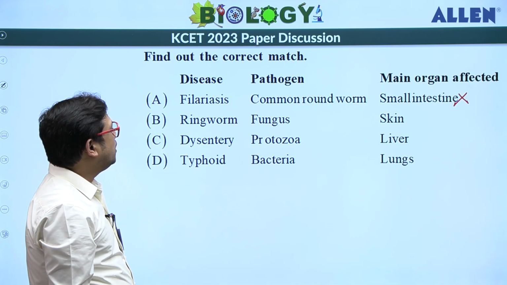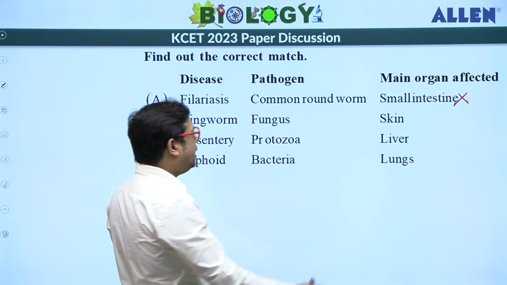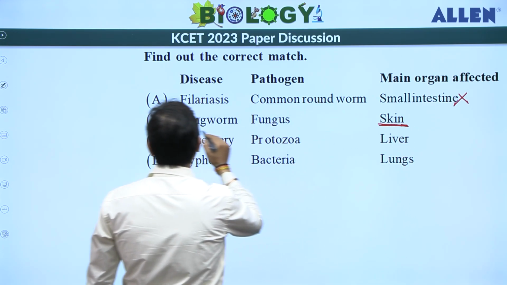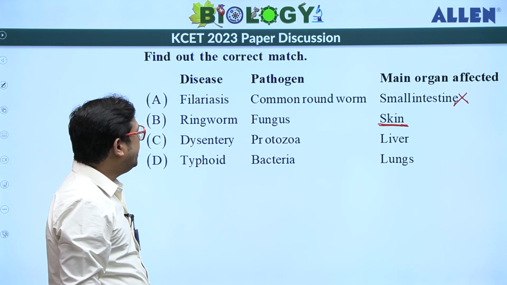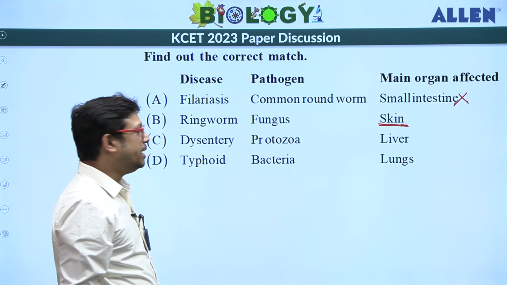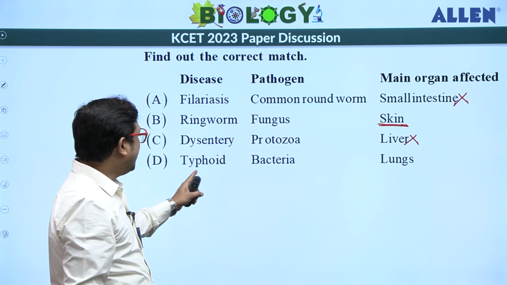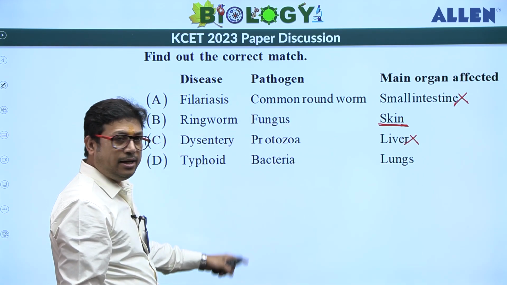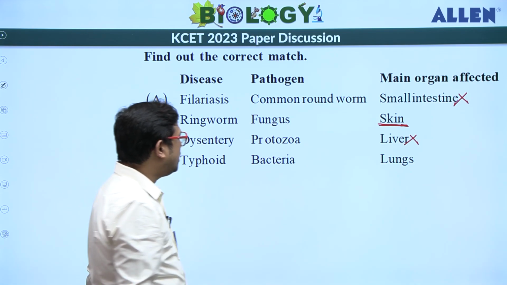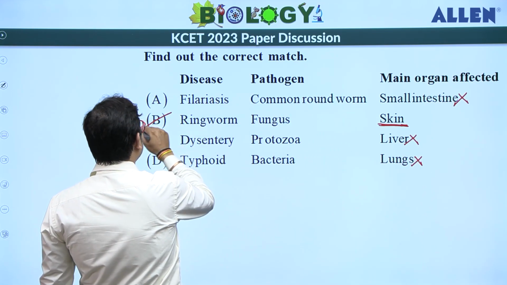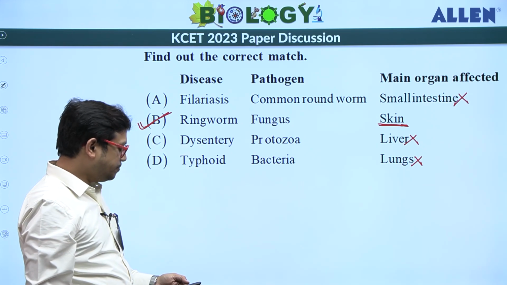Ringworm is caused by the fungus, and it affects skin, nail, hair, etc. Right? So this seems to be correct. Dysentery is caused by protozoa, correct, but it is not affecting the liver. Typhoid is caused by bacteria, yes, Salmonella typhimurium, but it does not affect the lungs. So the answer is B.